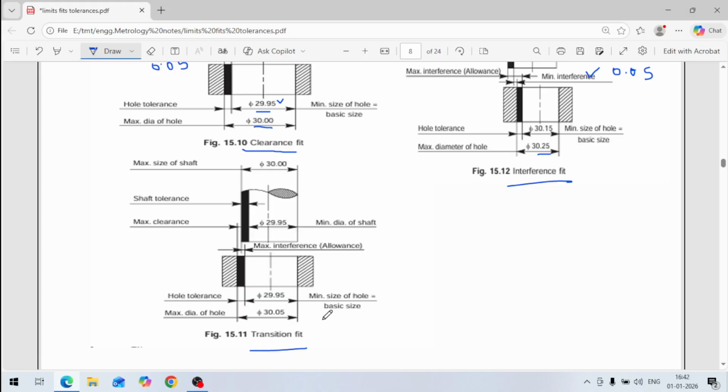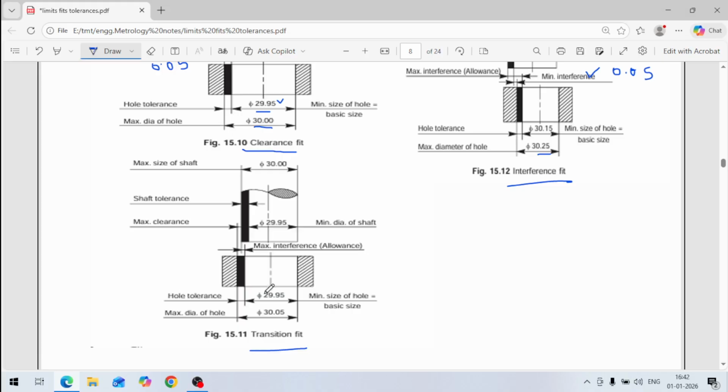Just like when we do doweling in 3 plates, for referencing, for positioning, when we have to open the assembly again. So then we need this type of fitting, transition fit.